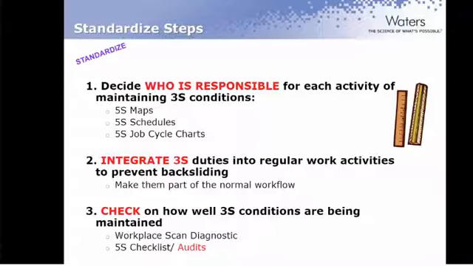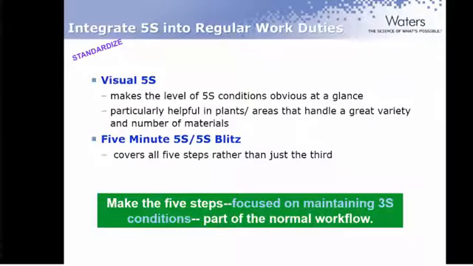You're going to check on how well the 3S, again sort, set in order, and shine, is going on and being maintained in your area. Doing 5S checklists and audits. Doing a daily, weekly, monthly, quarterly scan, what I would call a Gemba walk, around and checking the areas. Using visual 5S. I'm a visual person.